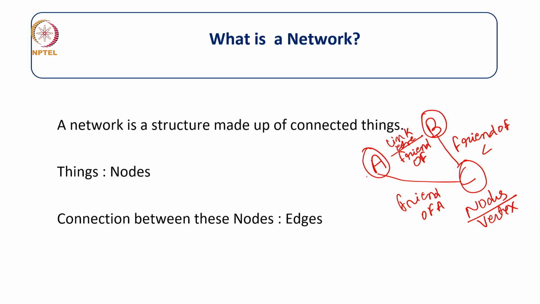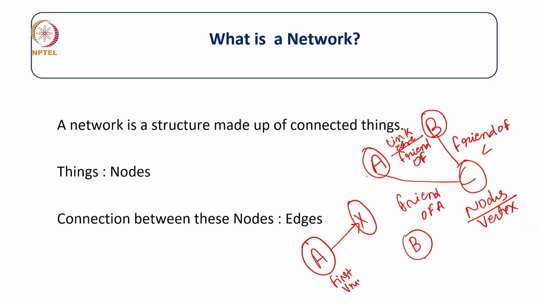Let's take another example where we aim to study the industry collaboration of an institution. A is the first university, which has collaborated with industry X. And B is another university, but B has not collaborated with any industry.